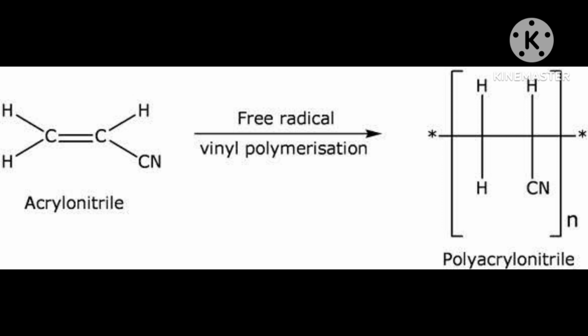Then if you take n molecules of CF2 in the presence of a catalyst at high pressure, here the catalyst is persulfate, the CF2 double bond will convert into a single bond.